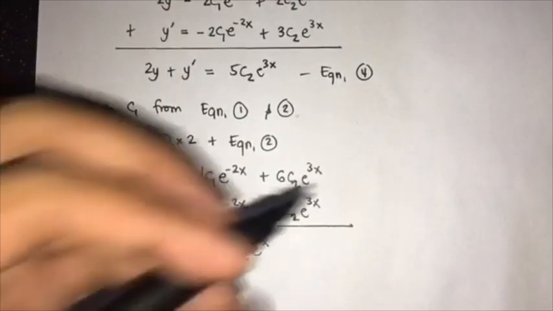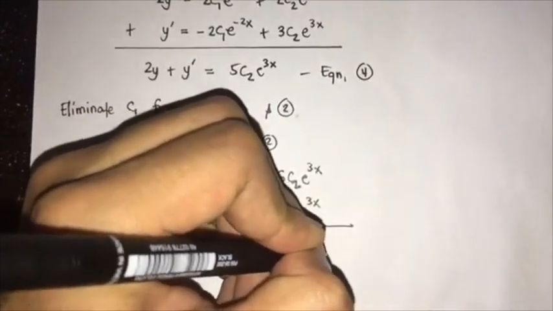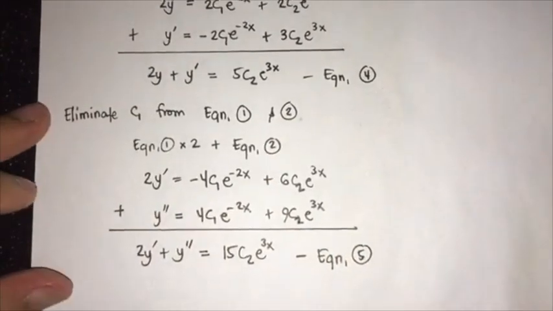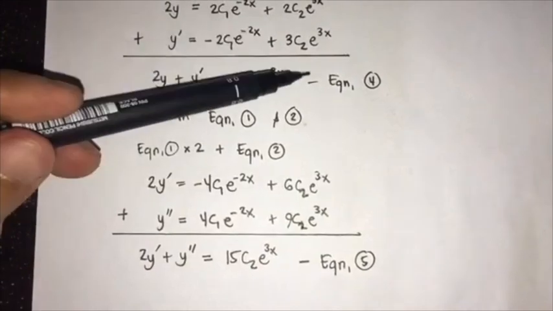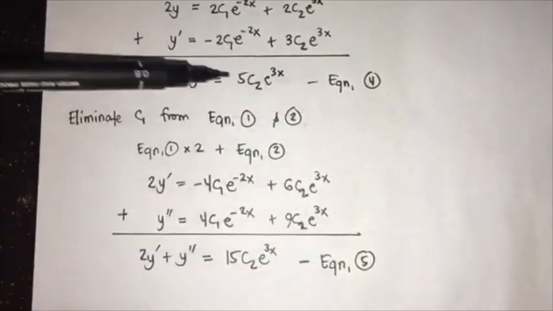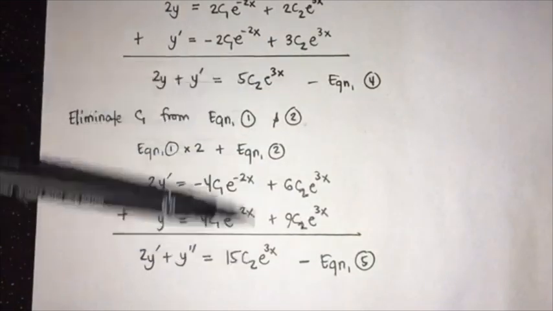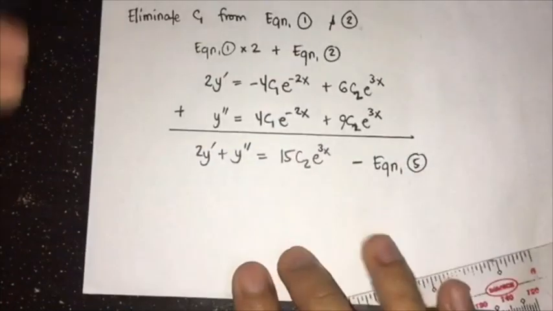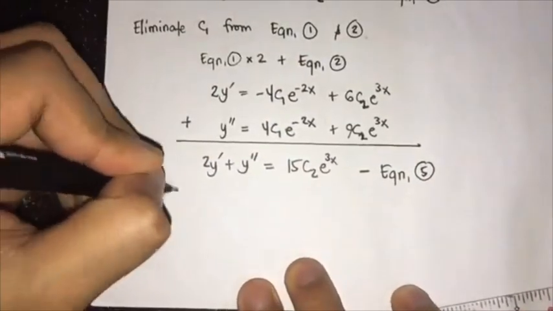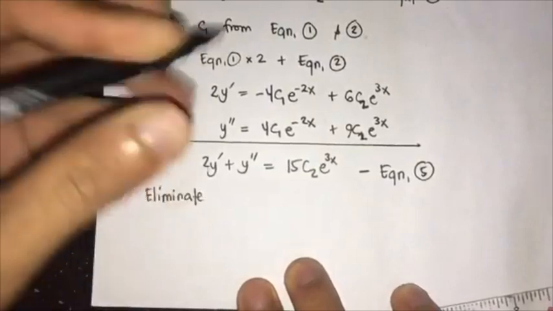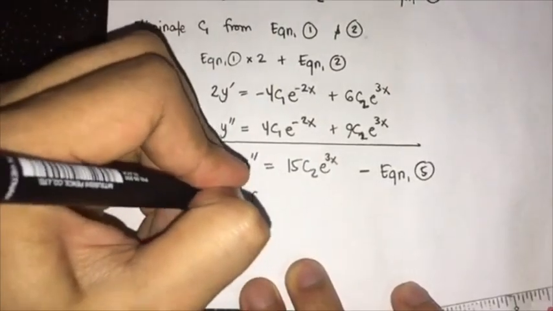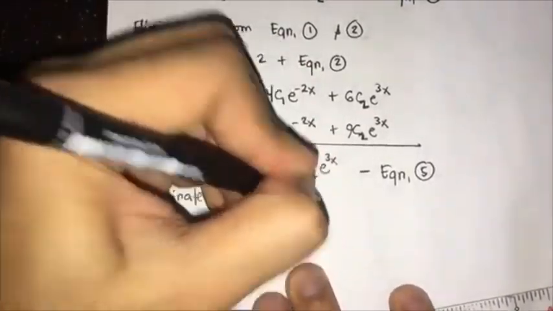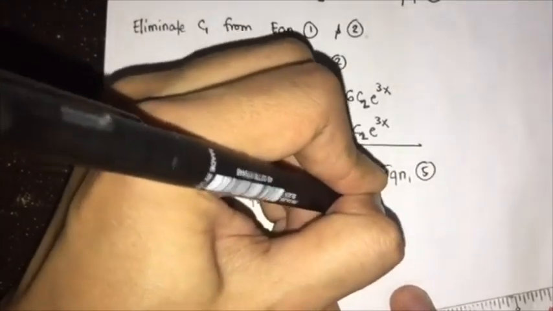Okay, so let's name this equation 5. From there, using equation 4 and equation 5, we can now also eliminate C2.